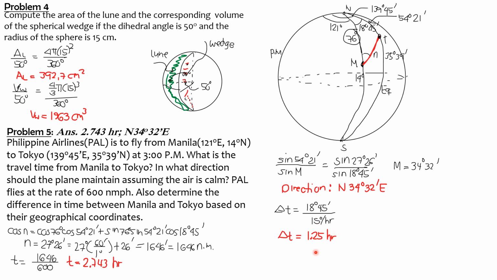And the time difference between Manila and Tokyo is 1.25 hours. With Tokyo the more advanced, the time there is advanced by 1 hour and 15 minutes than the time in Manila.